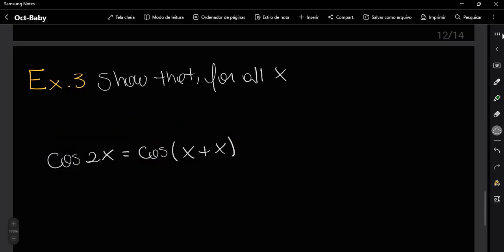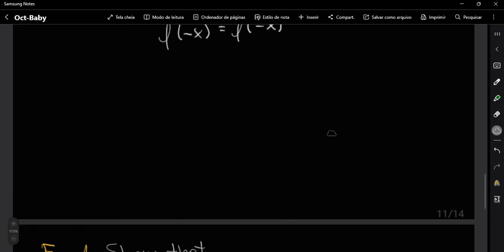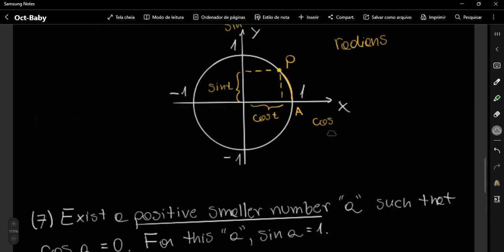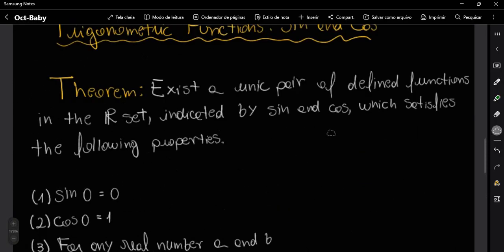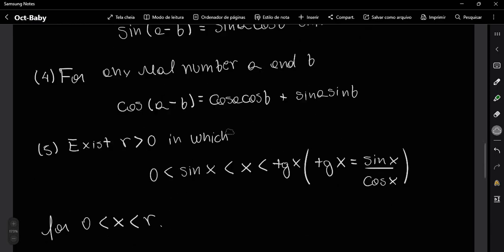And now let's use the properties that we have just learned to solve this. So let's see property number 4.